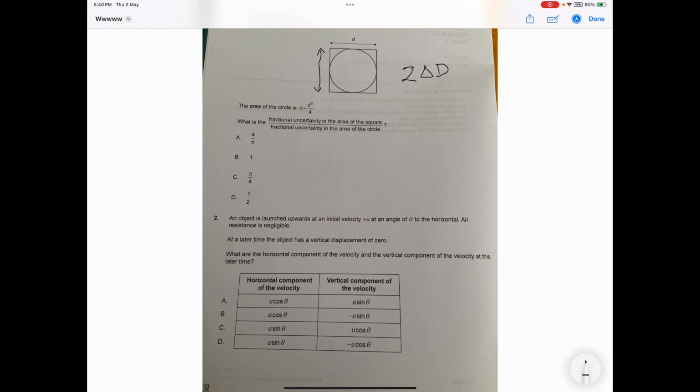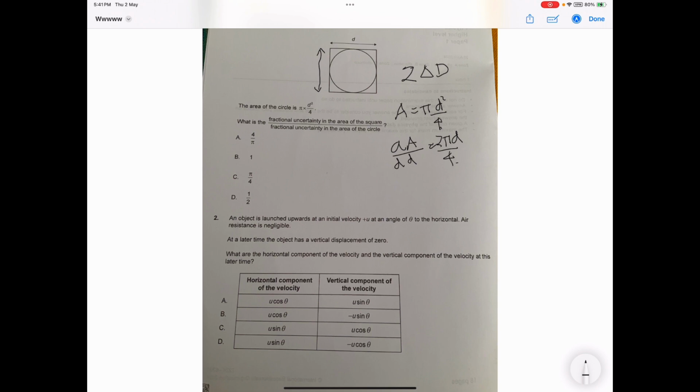So we know that the area is equal to pi D squared all over 4. So if we take the differential of this, then we get dA all over the d here is equal to pi times 2 d all over 4.